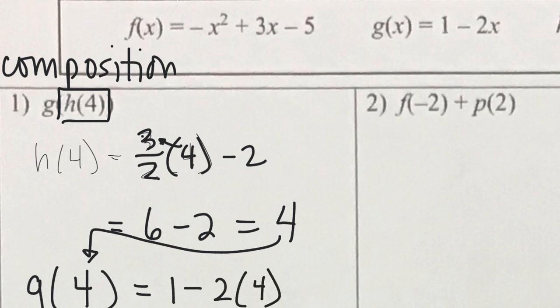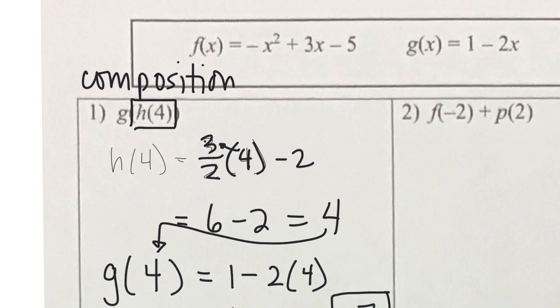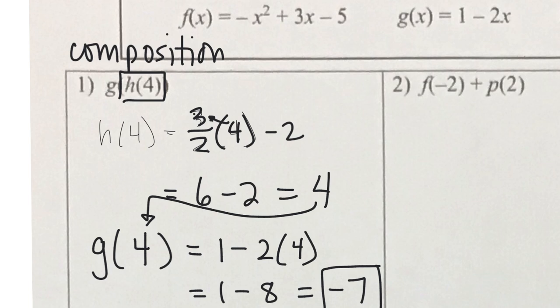But today we have an equation that we're going to use to calculate your y value rather than a table that we're going to use to locate with our brains or with your eyeballs. So g of h of 4, doing that composition algebraically, gives me an answer of -7. Right? So anytime we are evaluating, you're always going to get a number for the answer. It's going to be a number.